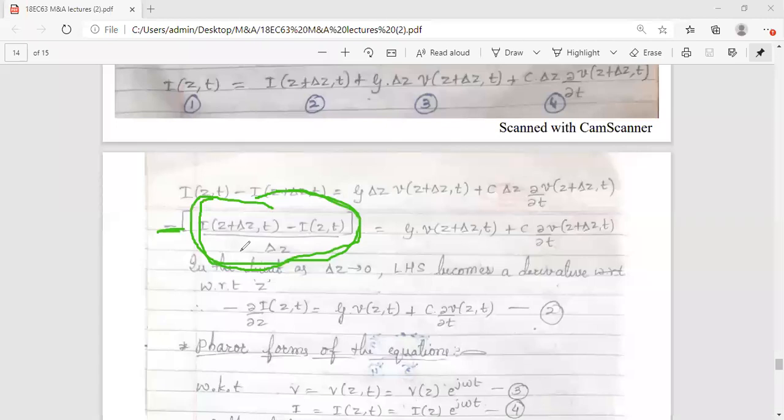When delta Z tends to 0, this LHS will give you the differentiation with respect to Z. So that's what I have written here, dou by dou Z of the current parameter I. So I is equal to first term and second term. This is your equation 2. Okay. So equation 1 and equation 2 both will give you the differential equations which we get after applying KVL and KCL.